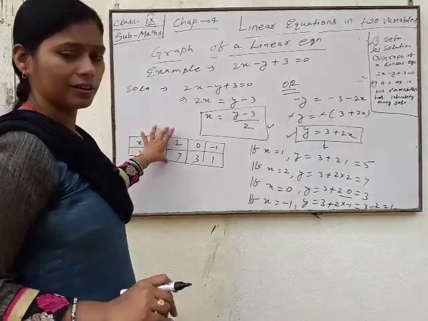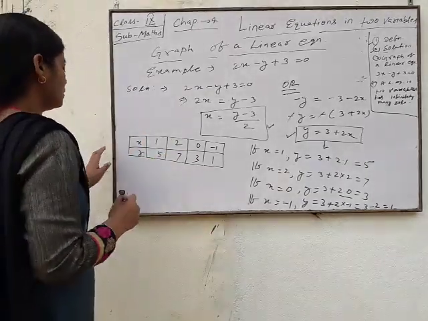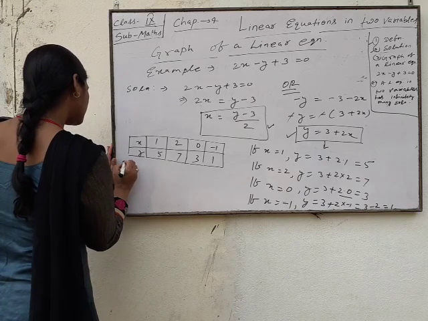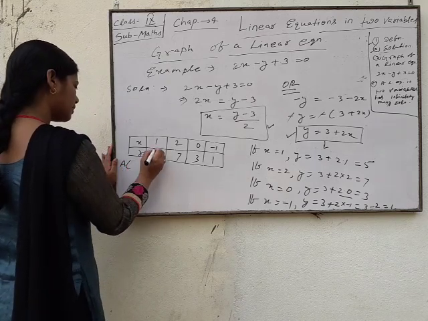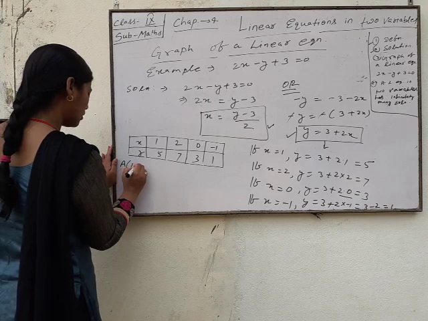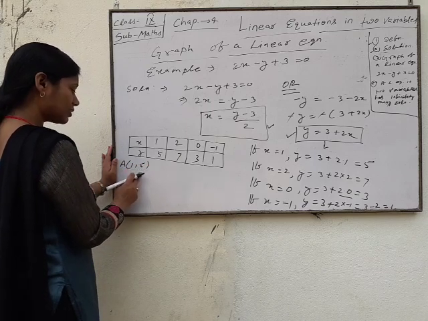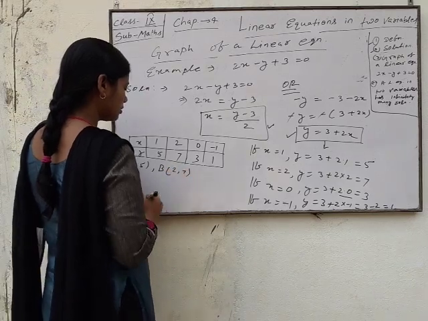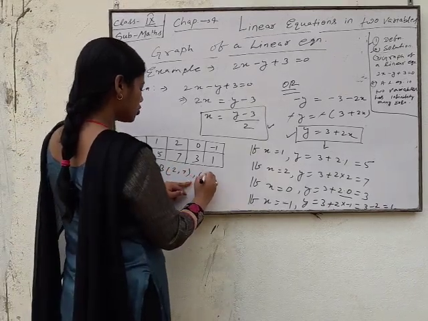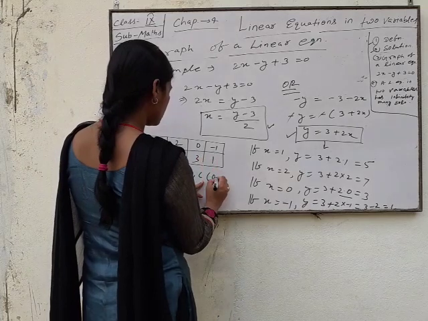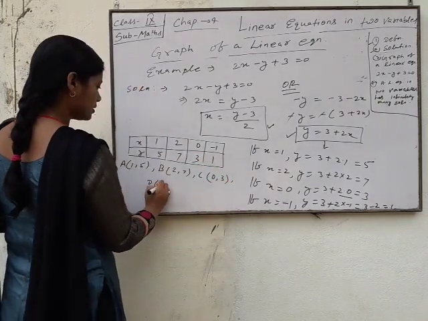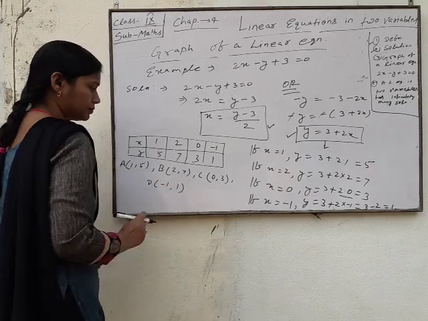This is very important. Now, we will take alphabets and let A be 1, 5. This is the coordinate of x and y. And B is 2, 7. C is 0, 3. And D is minus 1, 1.